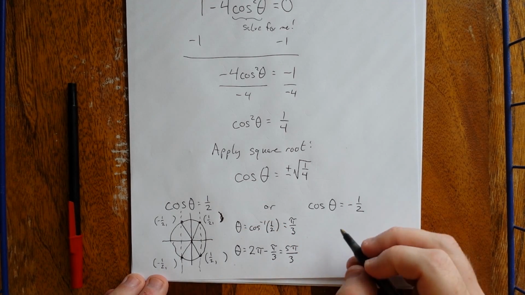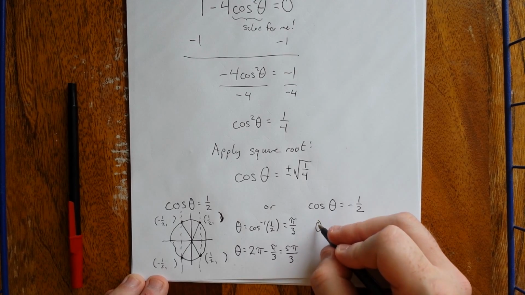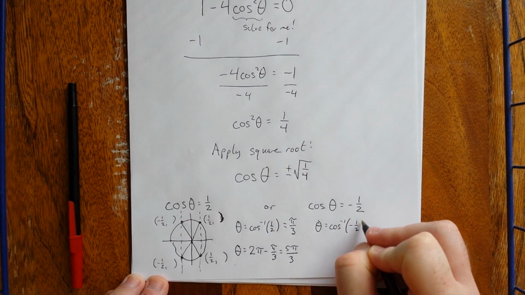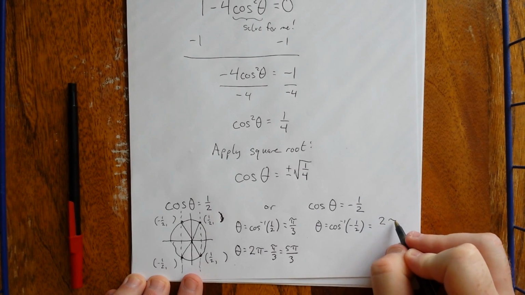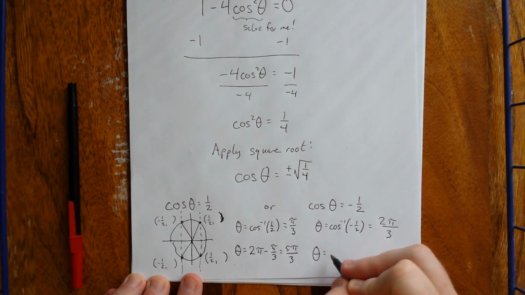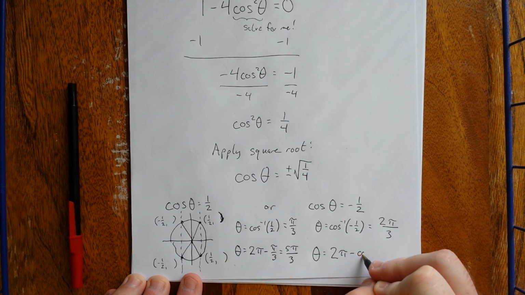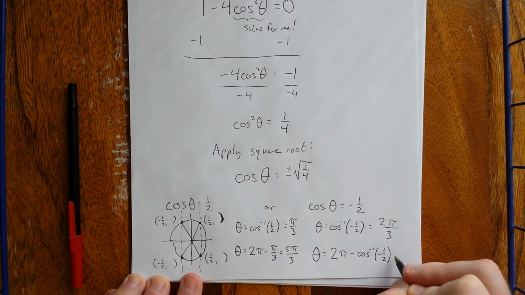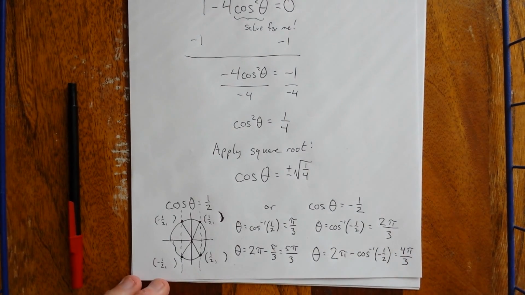Over in quadrant 2, we could say that theta is equal to the arc cosine of negative 1/2. That's generally how we get our first answer. That angle is equal to 2 pi over 3. And then down in quadrant 3, as we did before, we do 2 pi minus this value, and we would get an answer of 4 pi over 3. So that's 4 different angles where this works out.